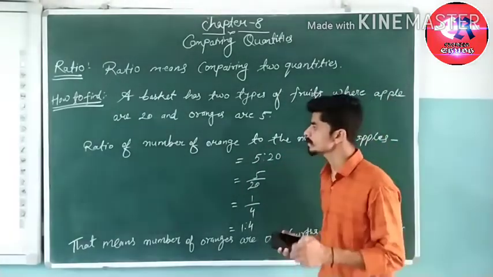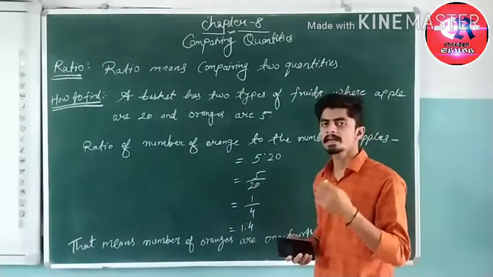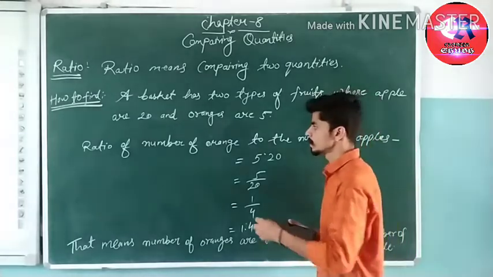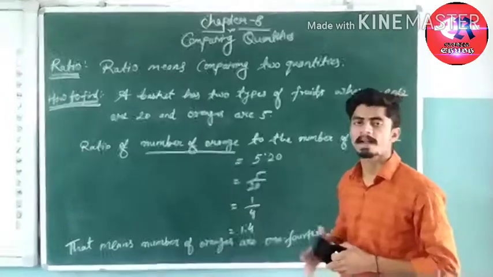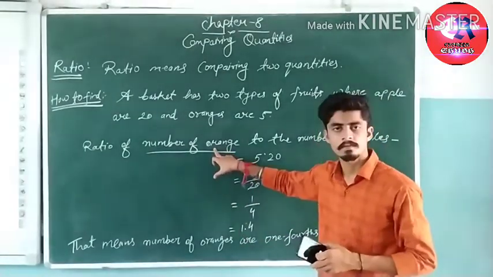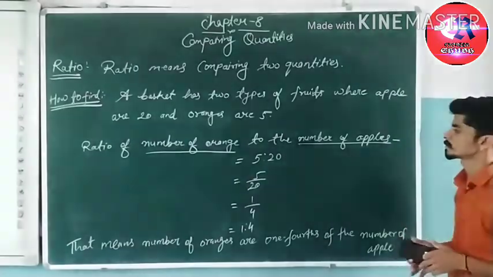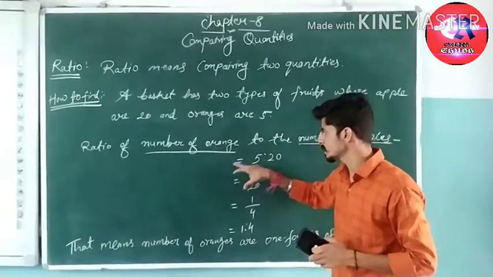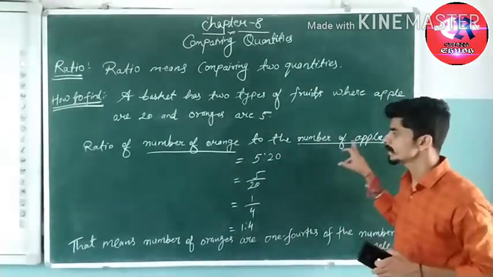First focus here. When we are finding a ratio, whatever comes first with "ratio of", here the number of oranges, comes first. That means we are finding the ratio of the number of oranges to the number of apples. The number of oranges comes first, then after the symbol of ratio, the number of apples comes.